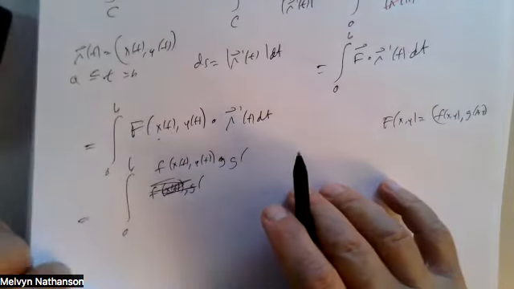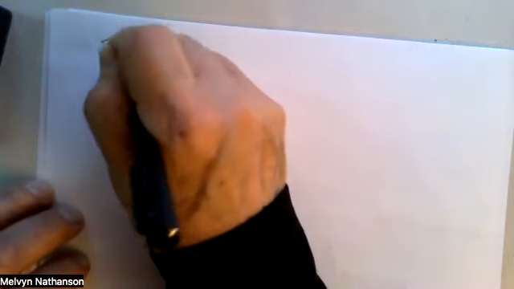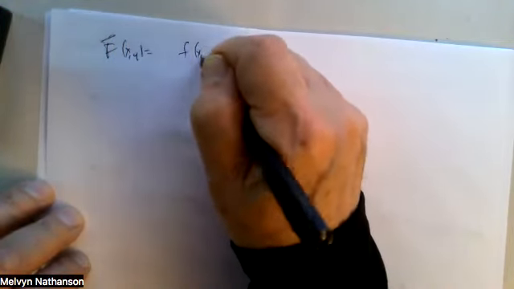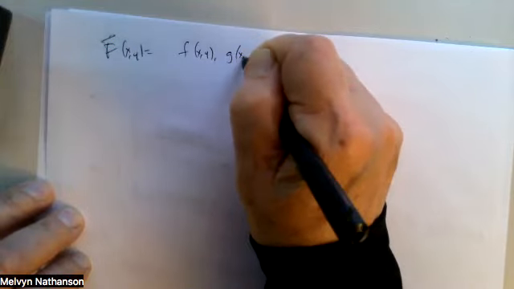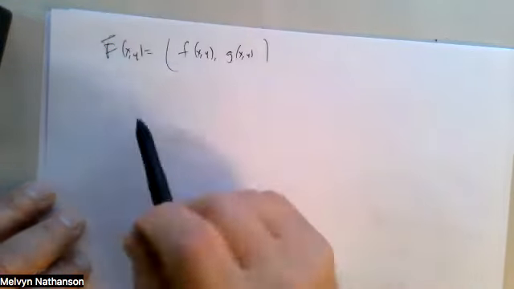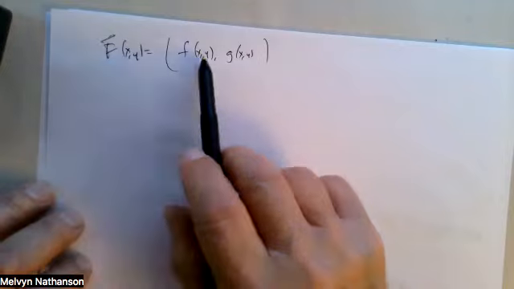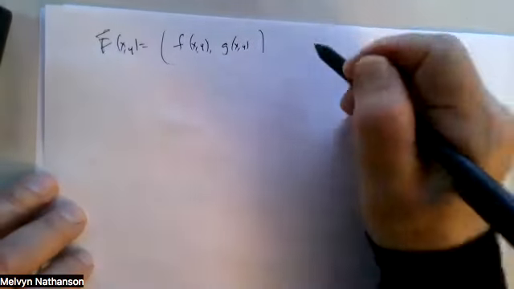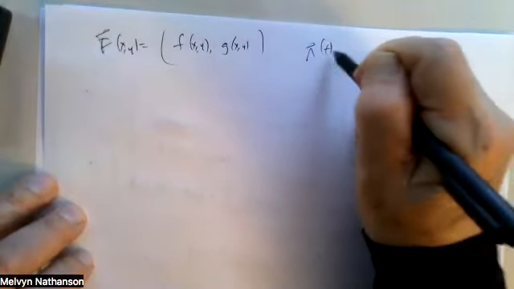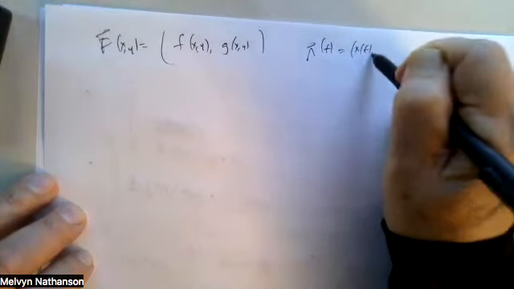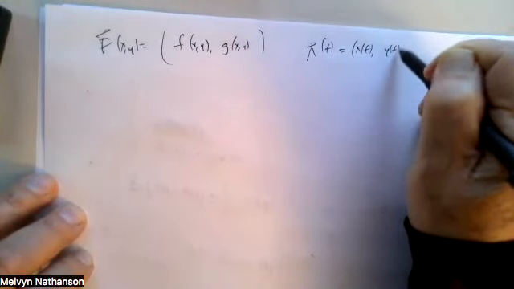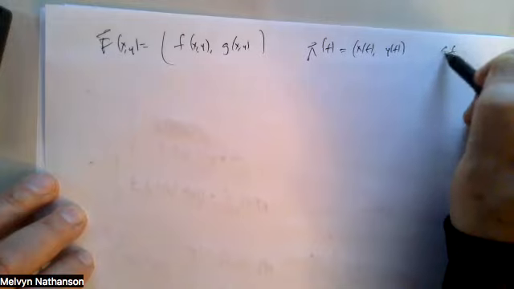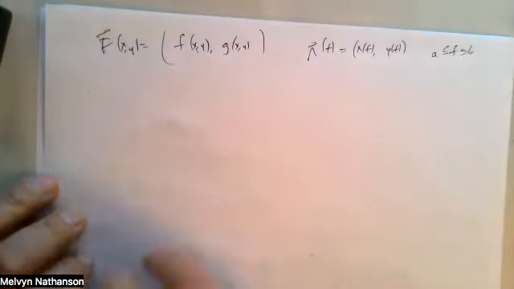Let me write this on a bigger piece of paper. So we have a vector field F of x, y with coordinate functions lowercase f and lowercase g. So for every vector x, y, we get a vector capital F of x, y. And we have a function r of t, the curve x of t, y of t, with t between a and b.